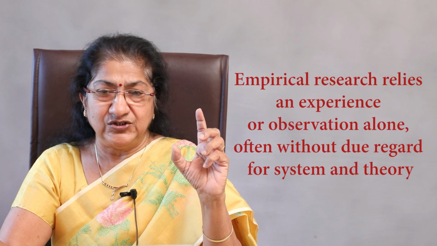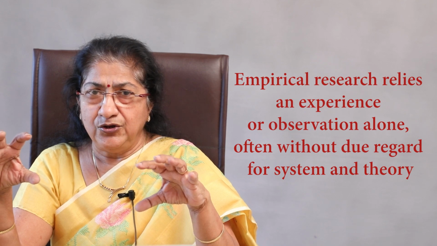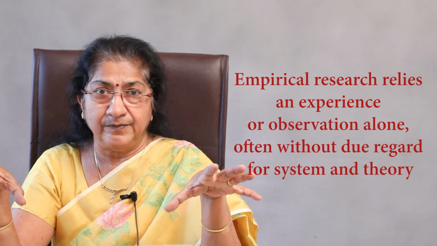Let's take one example: J. Krishnamurti, Lao Tzu, Tao, Gurdjieff, even Acharya Rajneesh. They develop their own theory. This is conceptual research. While in empirical research, generally the researcher uses the observation method.